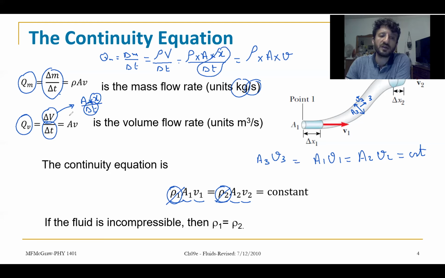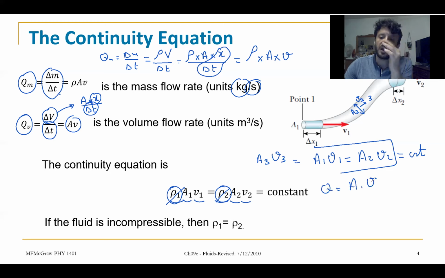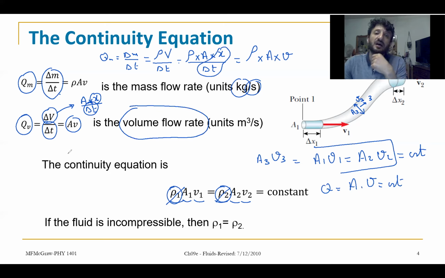So QV equals A times the velocity. We can write finally Q equals A times V at any point is a constant value, where we have a constant volume flow rate inside the tube. Okay, this is the first equation.